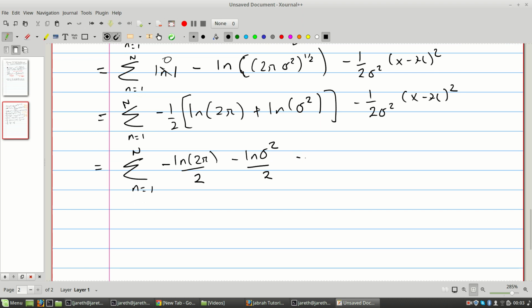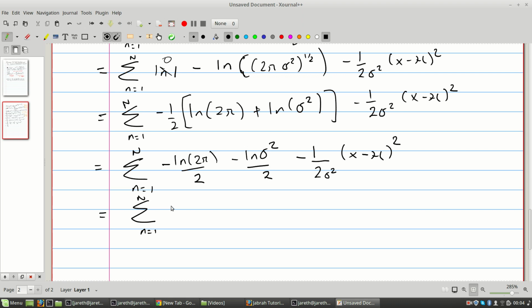We still have an extra term over here: minus 1 over 2 sigma squared, x minus mu squared, from the last term. And this is equal to the summation from n equals 1 up to n.